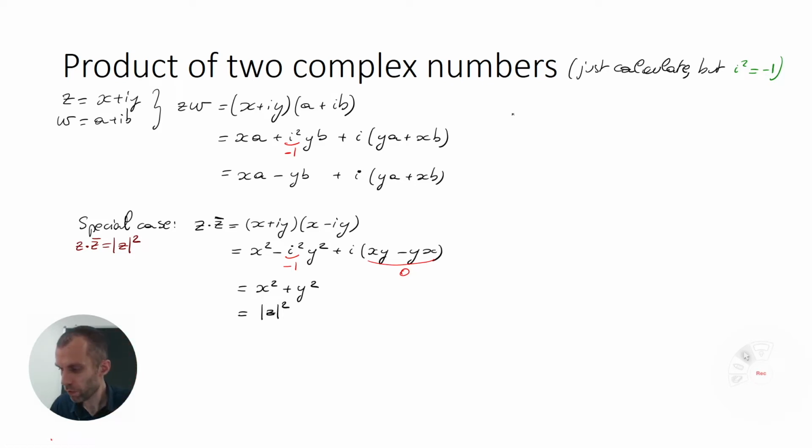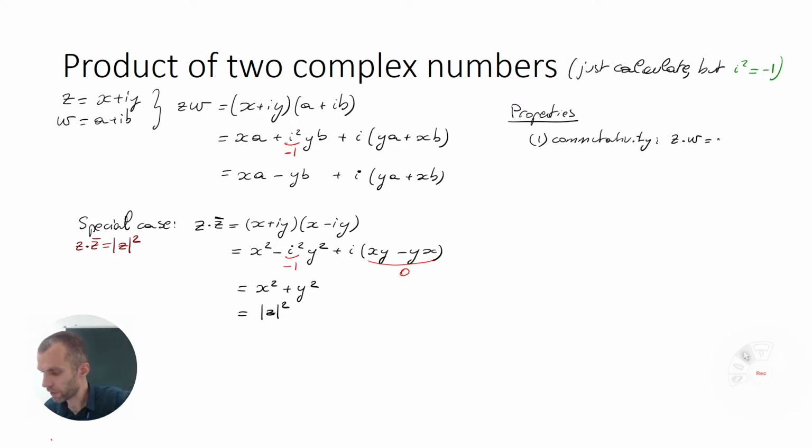There's a couple of properties, furthermore, that are also useful to keep in mind. So the first three are standard ones. So we have commutativity, meaning that z times w is equal to w times z. So you can switch the order of multiplication.